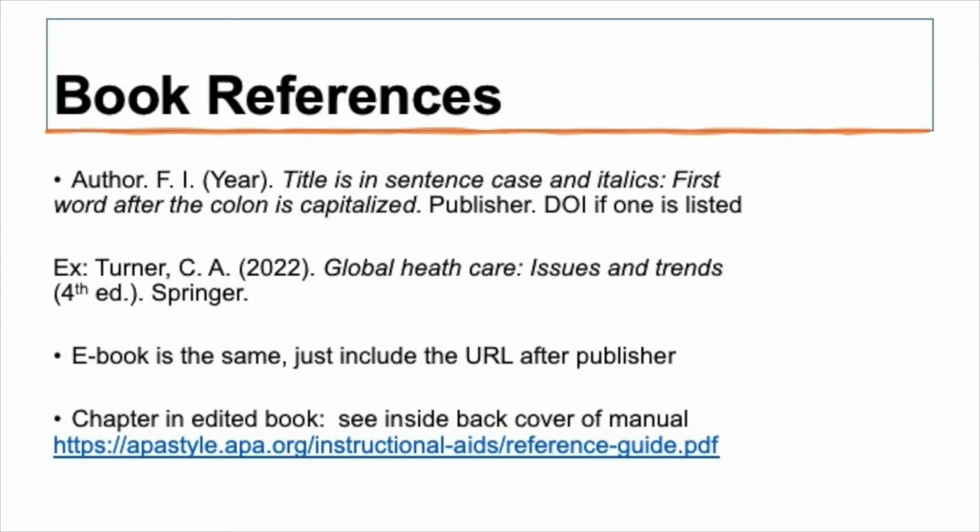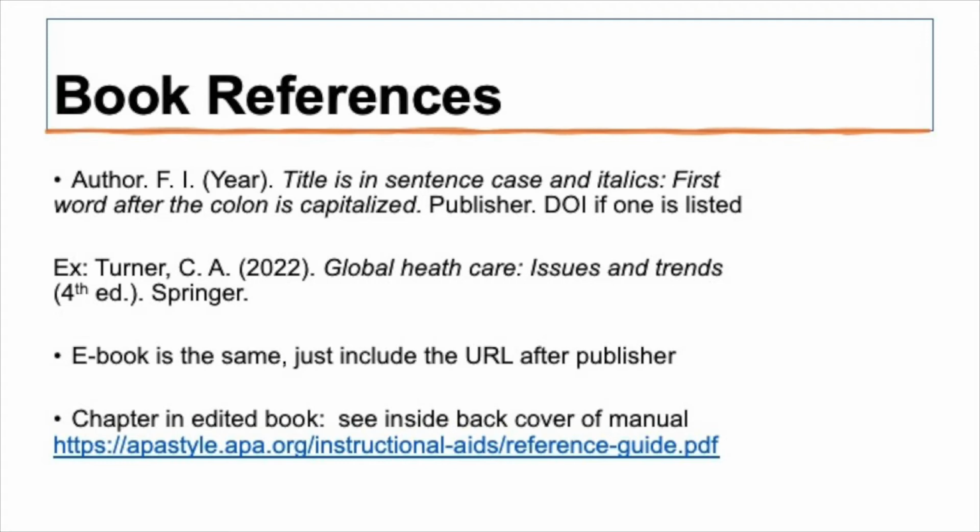But the issues word is also in title case because it comes right after the colon. Notice also that after the name of the book, there's no period because there's an edition. So you put the edition information in and then a period after the whole name of the book and then the name of the publisher.